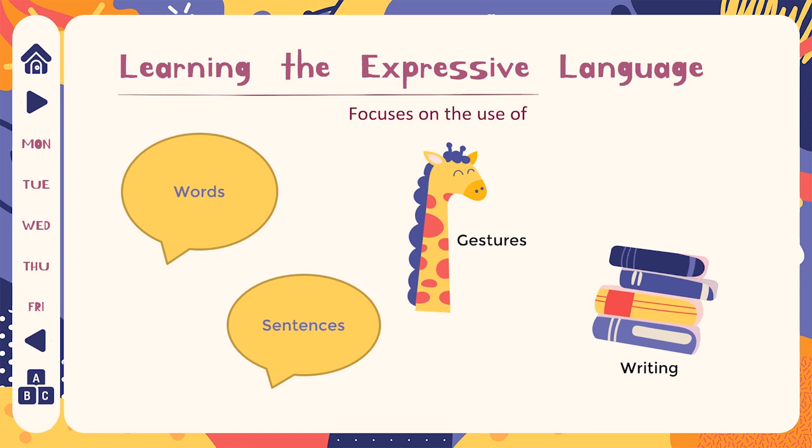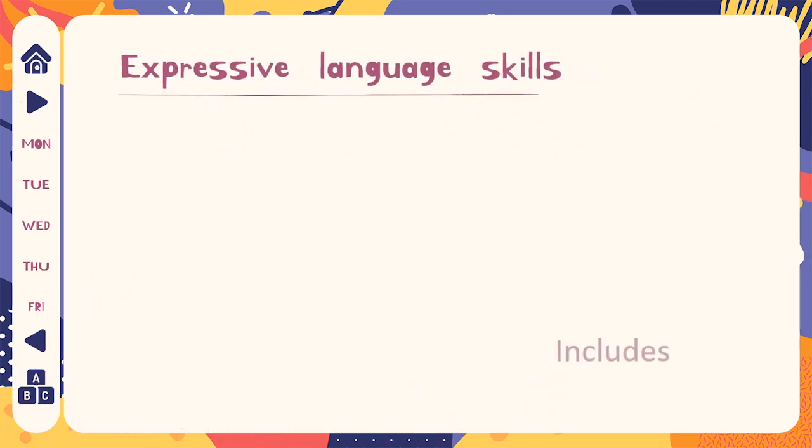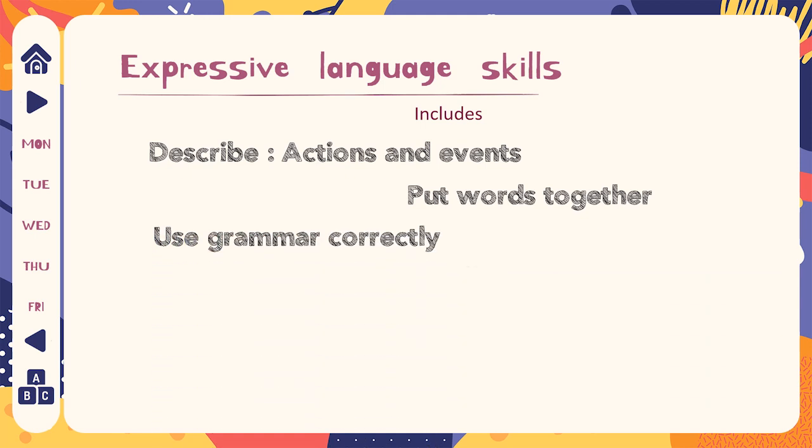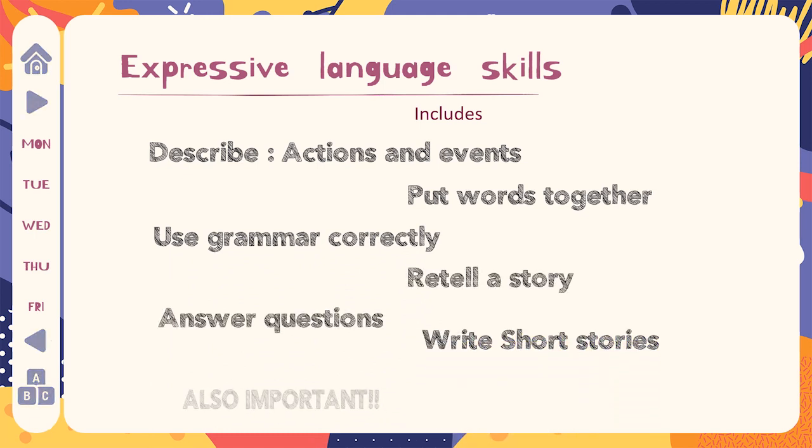Expressive language skills include the ability to describe actions and events, put words together in sentences, use grammar correctly, for example, "I am eating," not "me eating," retell a story, answer questions, and write short stories.